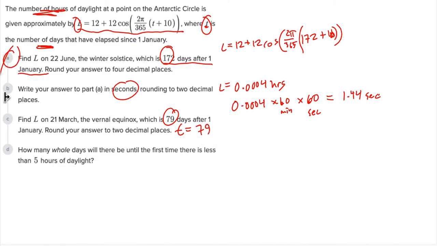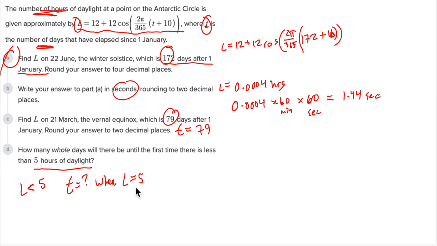Now part D says, how many whole days will there be until the first time there's less than 5 hours of daylight? Hours of daylight, remember, that's L. So L is supposed to be less than 5. An easy way to solve this is to ask, what does T, the number of days, equal when L equals 5?